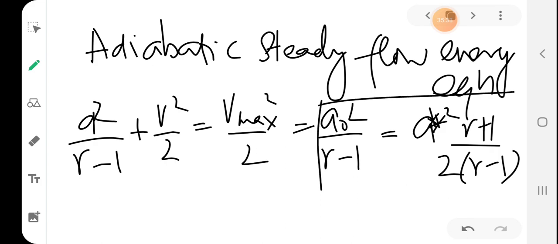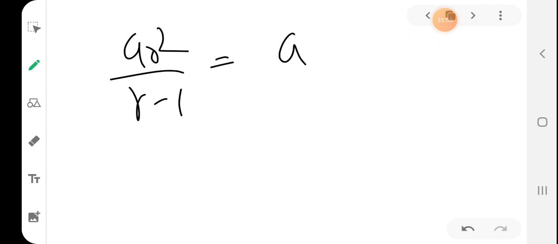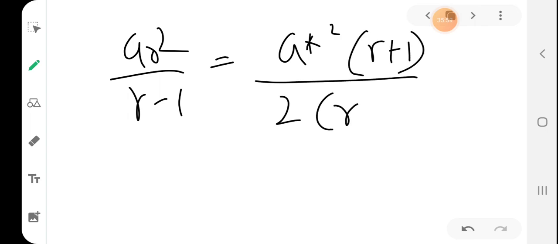So I am taking this particular equation, the equation relating A0 and A star. So A0 square by gamma minus 1 is equal to A star square into gamma plus 1 by 2 gamma minus 1, right? So gamma minus 1 and gamma minus 1 cancel.